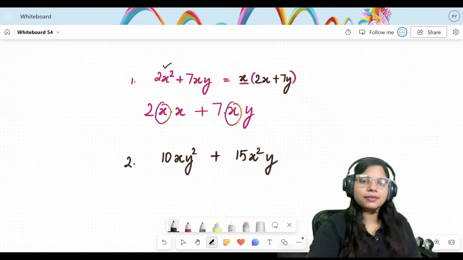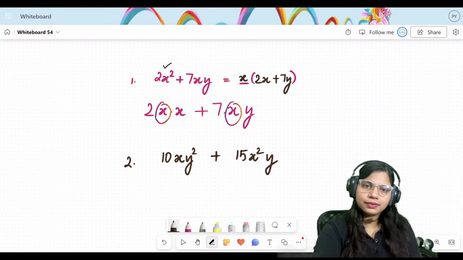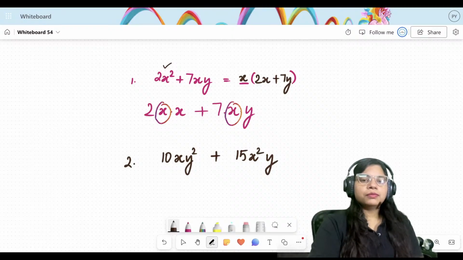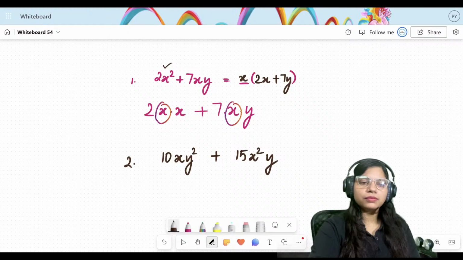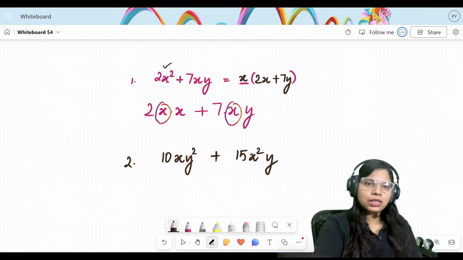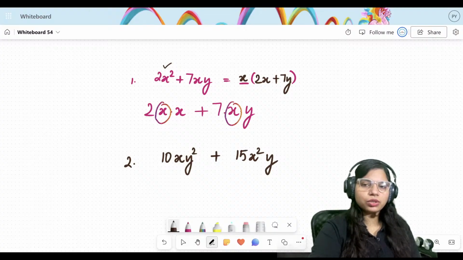Let's try this question. 10xy squared plus 15x squared y.